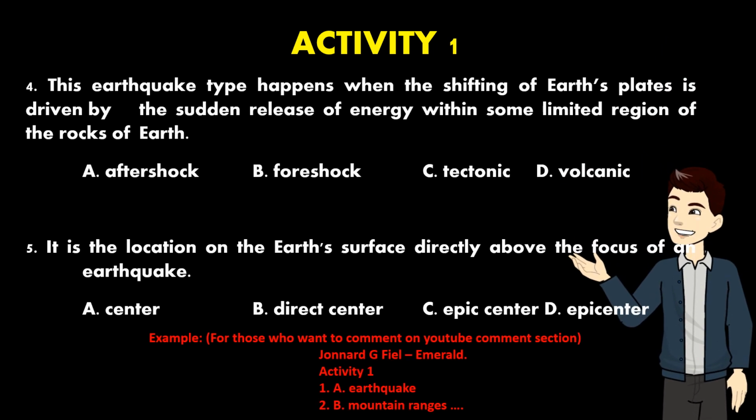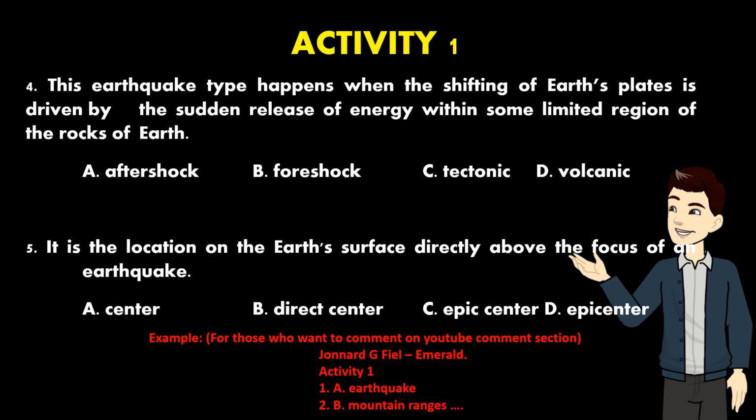Number 4. This earthquake type happens when the shifting of Earth's plates is driven by the sudden release of energy within some limited region of the rocks of Earth. A. Aftershock. B. Foreshock. C. Tectonic. D. Volcanic.